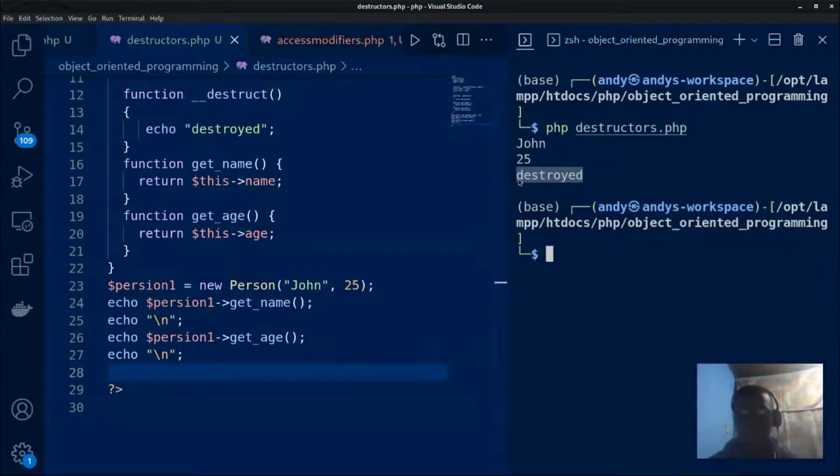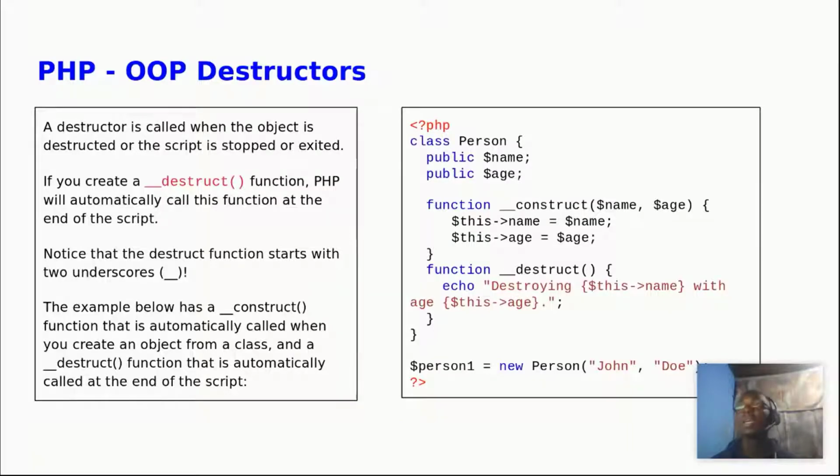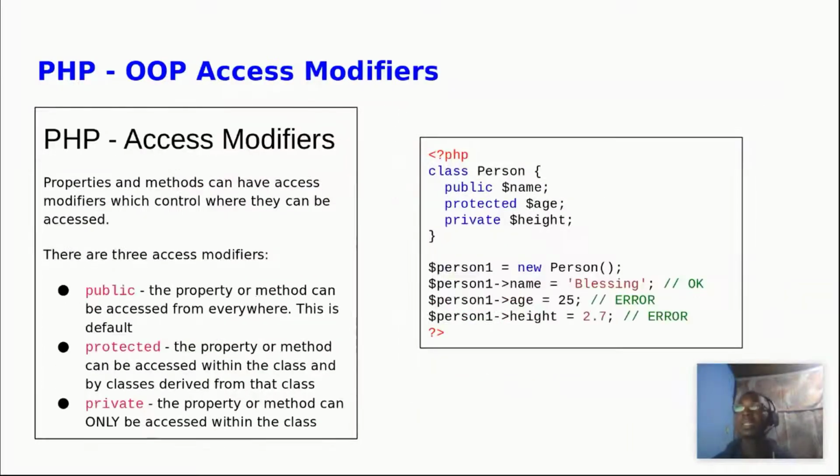The next thing we are going to end with is access modifiers in PHP. Properties and methods can have access modifiers which control where they can be accessed. Within our class, maybe the person class, maybe we don't want the name and the age to be easily accessible, so we use access modifiers. There are three main access modifiers in object-oriented PHP.